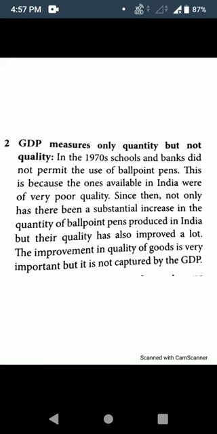During that time, we were not using ballpoint pens because of poor quality. Since then, not only has there been a substantial increase in the quantity of ballpoint pens produced in India, but their quality has also improved a lot. The improvement in quality of goods is very important, but it is not captured by the GDP. Are you clear? So GDP measures only the quantity, but not the quality.